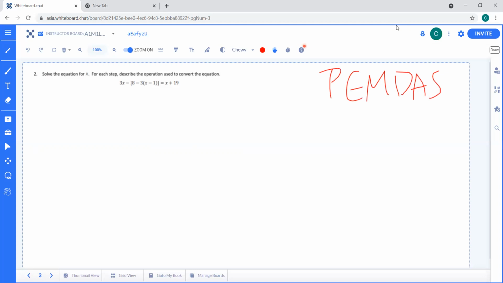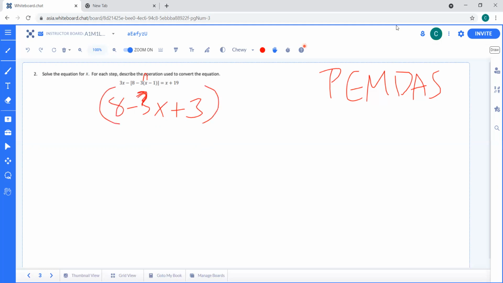Here we have brackets or parentheses, and we have parentheses inside the parentheses. In this parentheses, we can't do x minus 1, but inside the big parentheses we can do the distributive property. So that's the first thing we're going to do. That's going to be negative 3x plus 3, because we distributed a negative 3 to all of it.